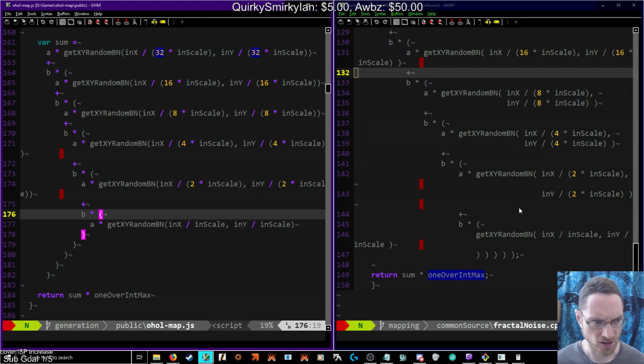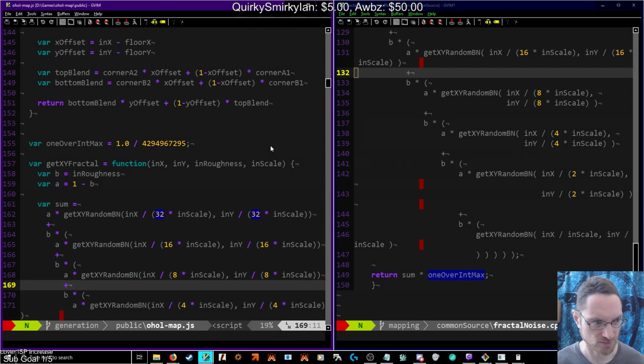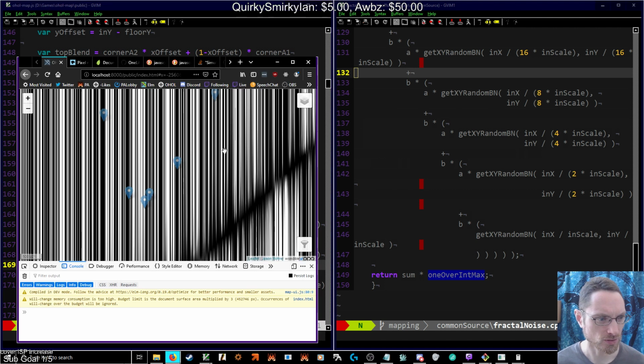And there's all kinds of room for numerical precision to be messing with us here. Although this type of pattern seems to suggest a pretty severe error.